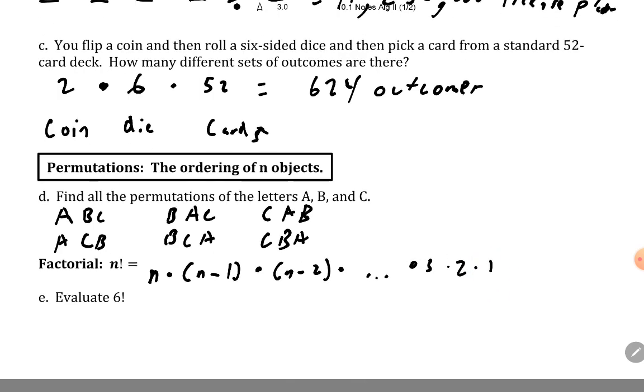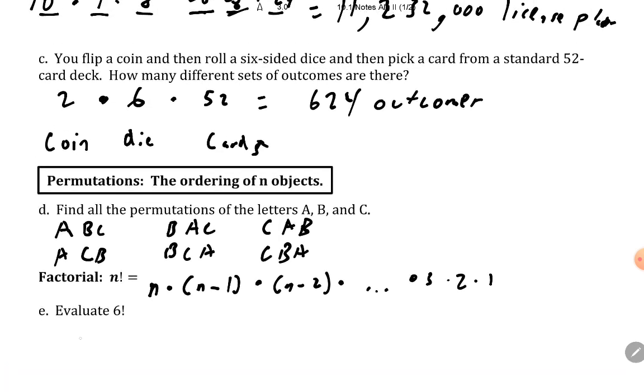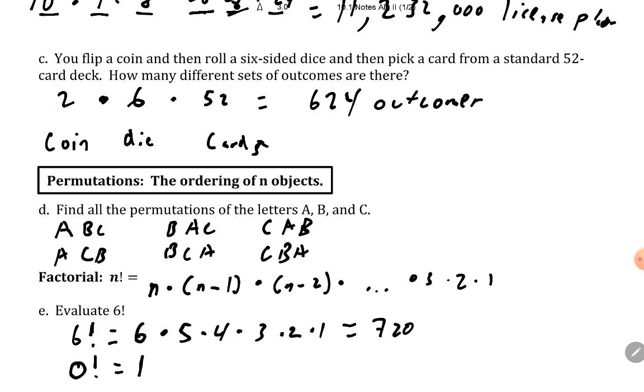So how would that look if we use a number here? 6 factorial, or 6 exclamation point, is equal to 6 times 5 times 4 times 3 times 2 times 1, and that equals 720. We're going to denote, though, that 0 factorial is equal to 1.